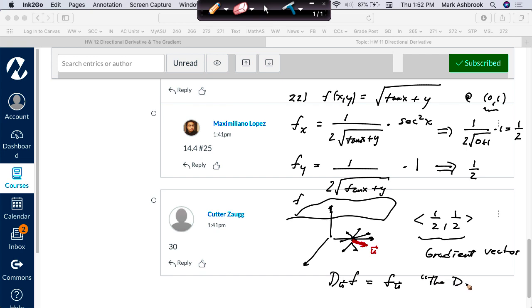So what is the value of the directional derivative? That's the rate of change in the direction of u. Well said. So it's the rate of change of f in the direction of u. That means how much z changes for a change horizontally in the direction of u.